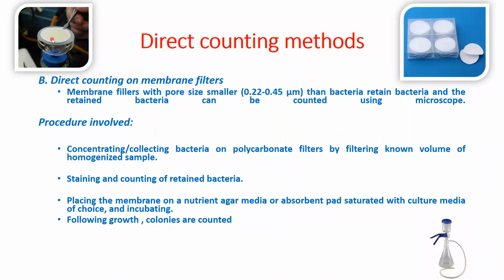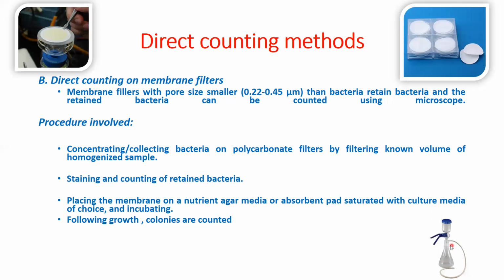How can we do it? We homogenize the sample and keep it in this glass jar, then tighten it with the clamp to the conical flask and switch on the vacuum.